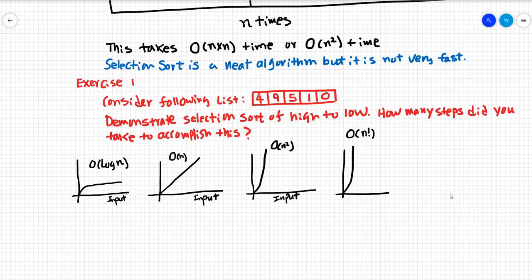We are going to look at a variety of different types of sort algorithms, so we can compare them and you can determine which one is a good one for you to use in the situation that you are in.